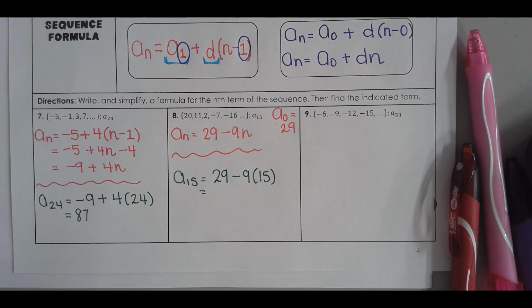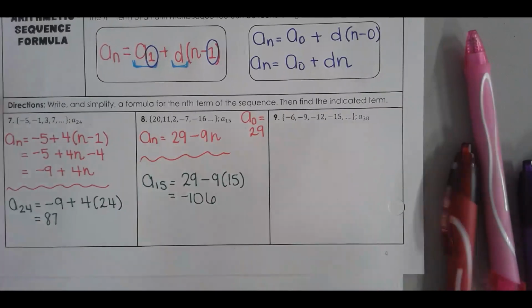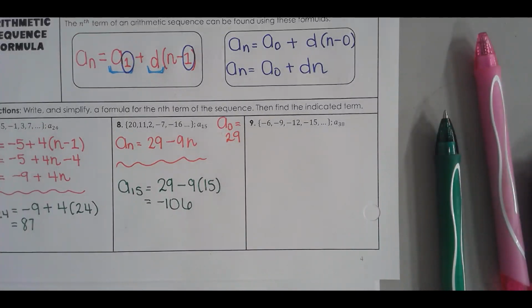Negative 1. I want you to try number 9 by yourself and then check with your partner. Number 9. What is your common difference? So I'm going to do that.